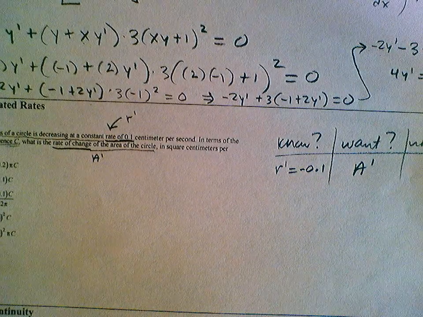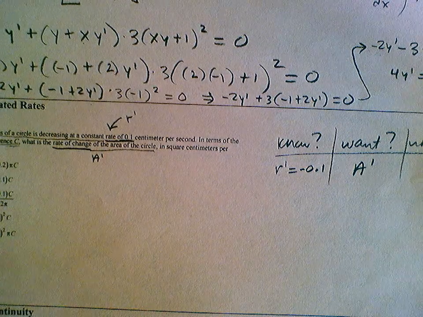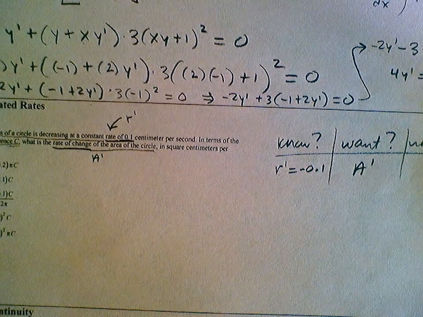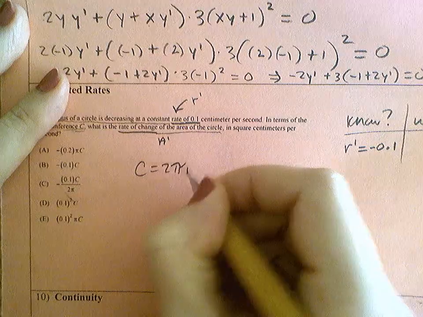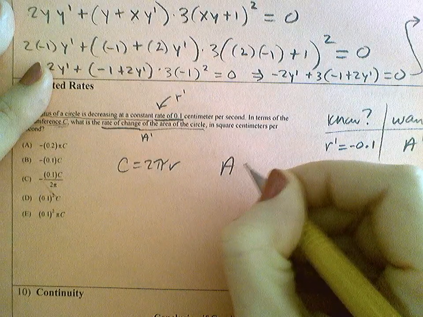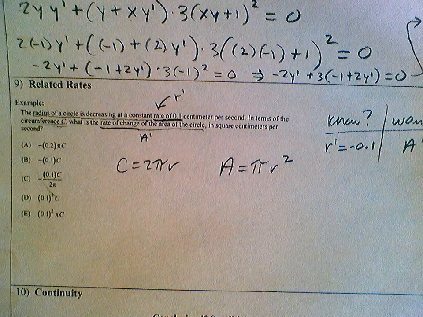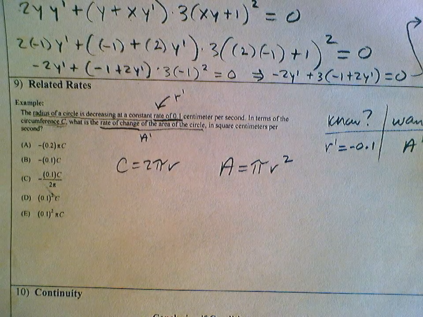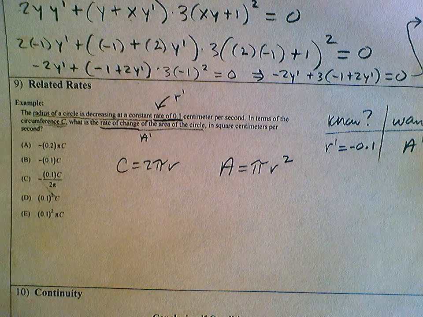The next thing you do is write down any and all formulas that apply to this situation. So here, the circumference of a circle and the area of a circle. And then you take the derivatives of those formulas using implicit differentiation.